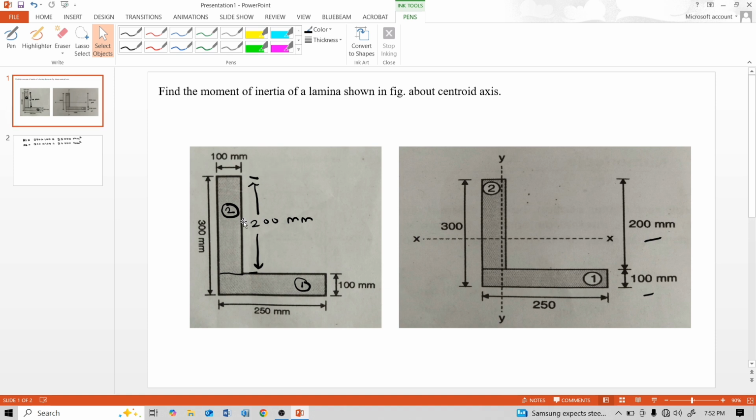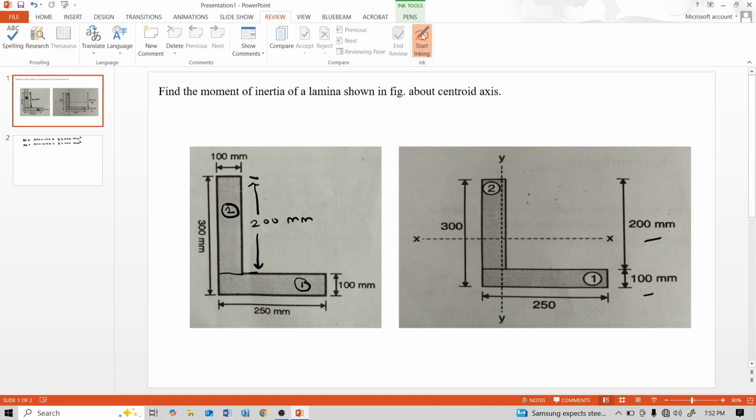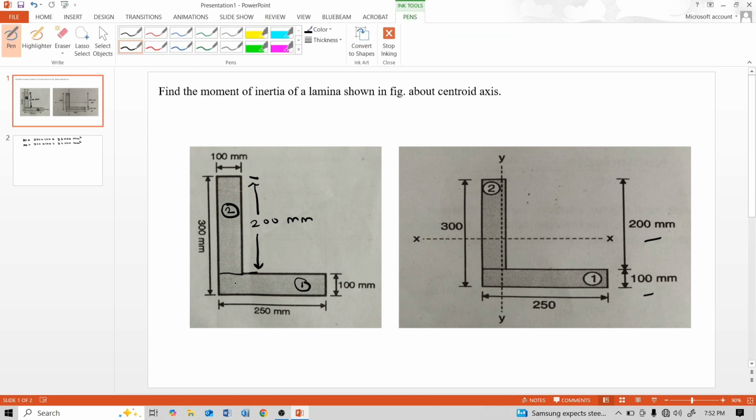Now, the centroidal distance for this one rectangle is 100 by 2.